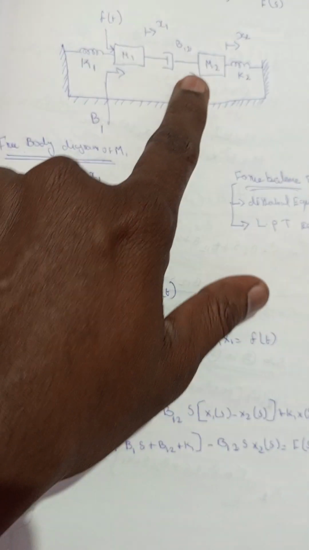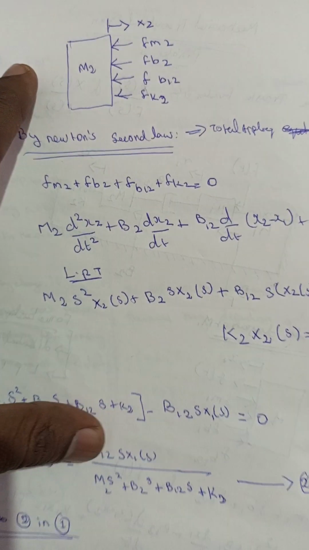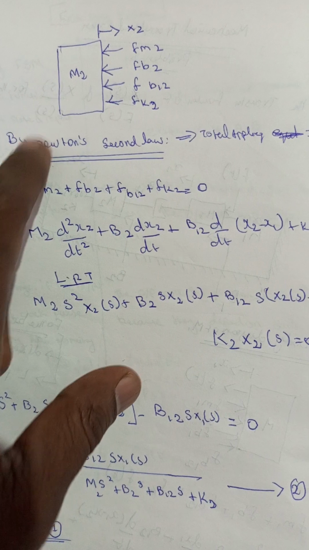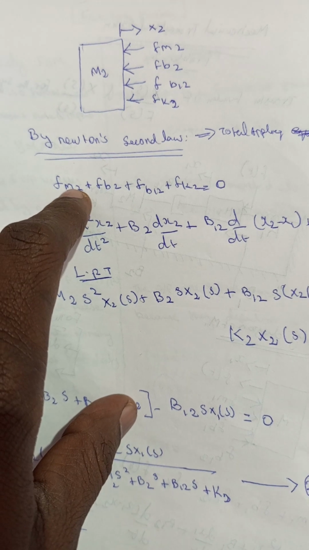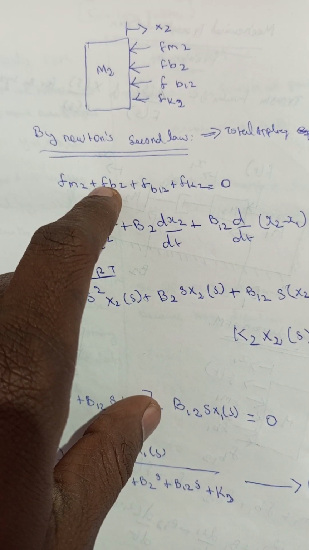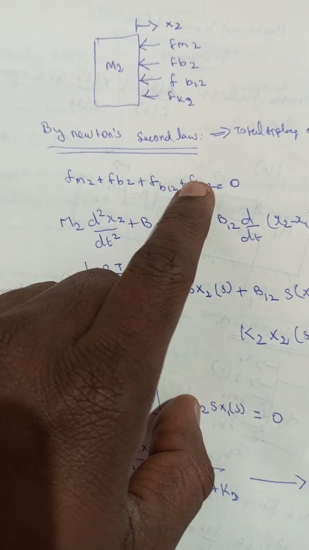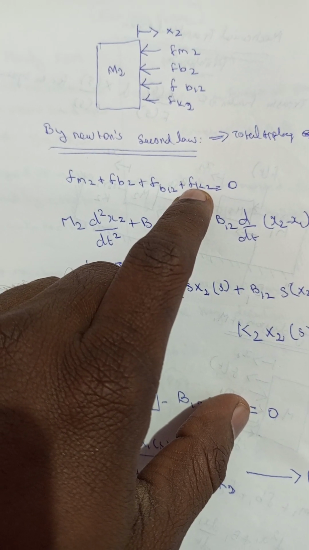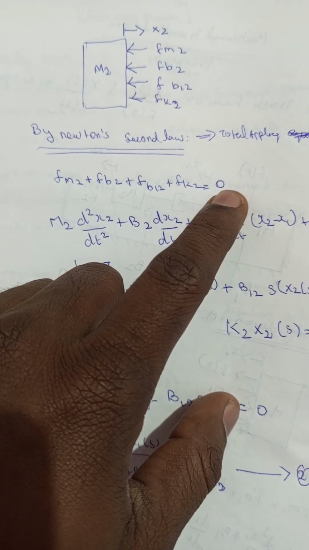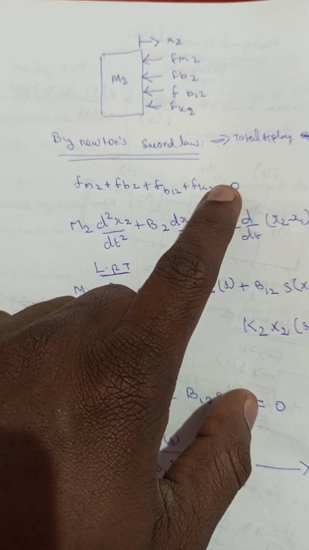Then we have to go for M2. So for M2, the opposing forces are F_M2, which is the opposing force given by the mass M2, and F_B2, the dashpot which is opposing, and F_B12, the dashpot acting between M1 and M2, and F_K2, the spring acting on the mass M2, and that is equal to 0, because the applied force is only applied to M1, so we keep this as 0.